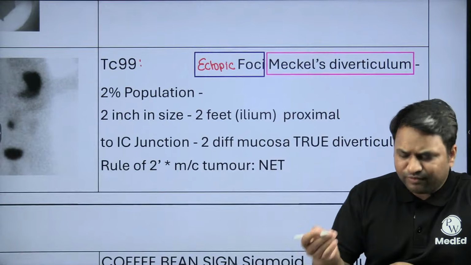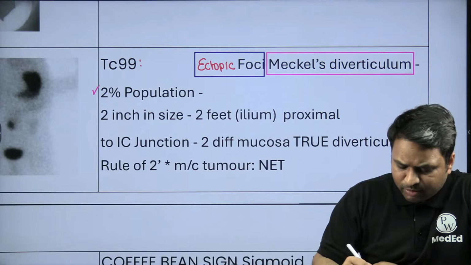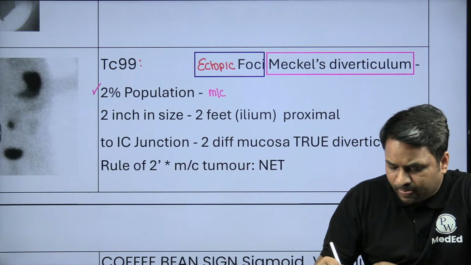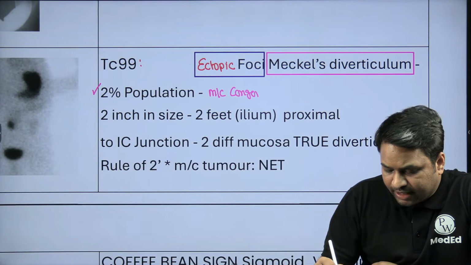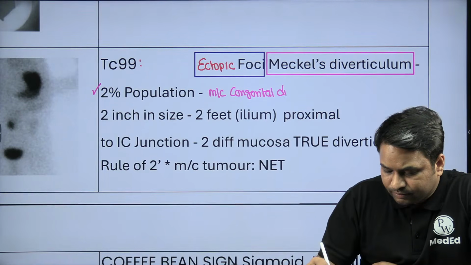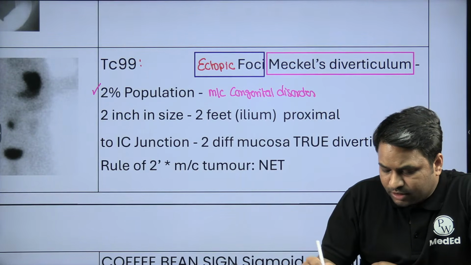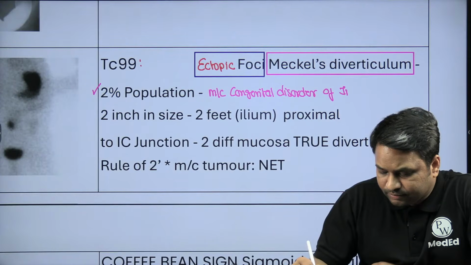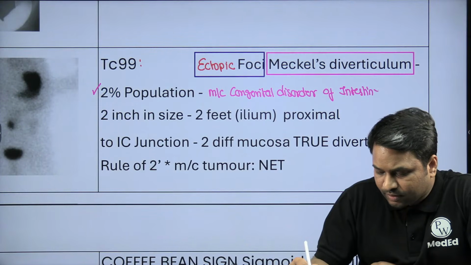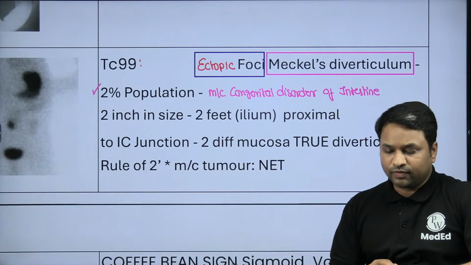So, Meckel's diverticulum follows the rule of 2. That is seen in 2% of the population. This is the most common congenital disorder of the intestine, right?